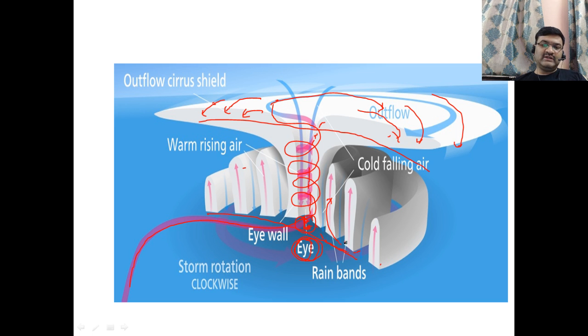In this way, all the winds coming towards the center may rise at different places, but the maximum rising is near the center of the cyclone, and they will diverge here. All this wind is going to diverge. The wind rising is going to create a cloud like this.